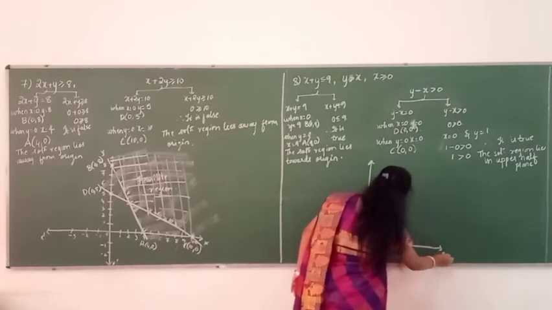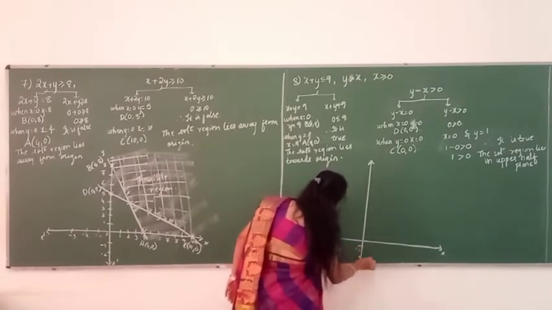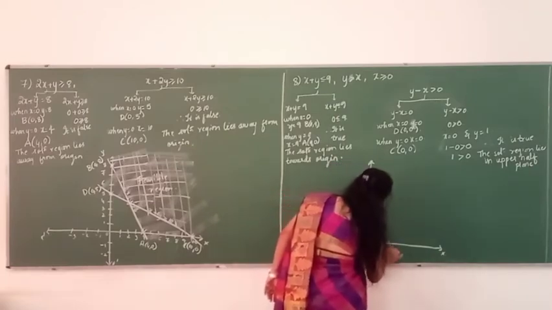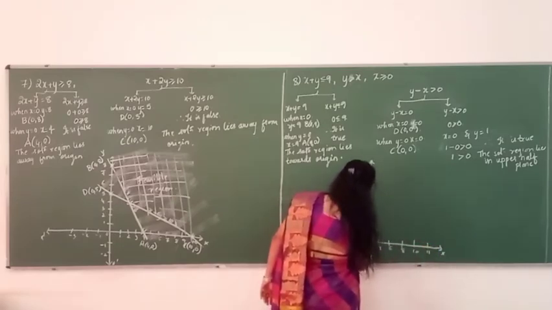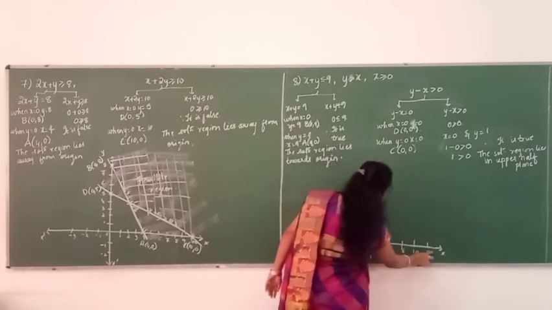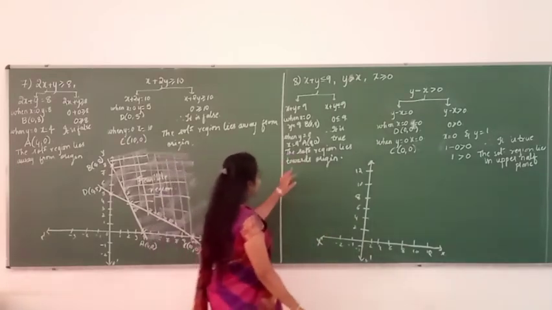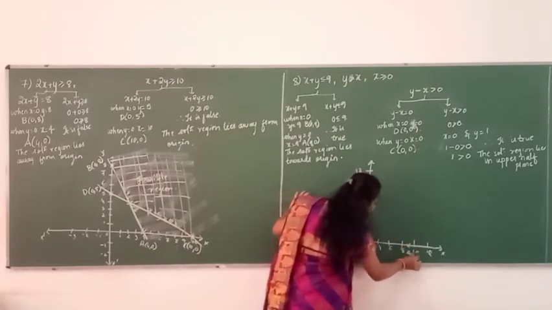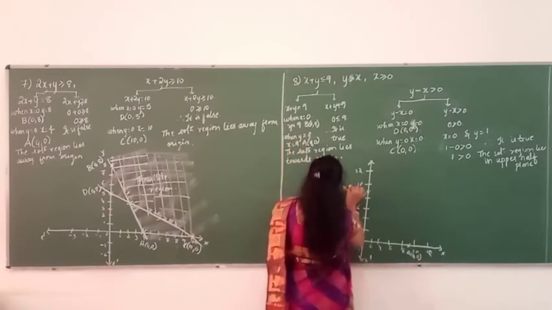X and x dash. The inequality is what? A is nothing but 9, 0, and we have here B as 0, 9.